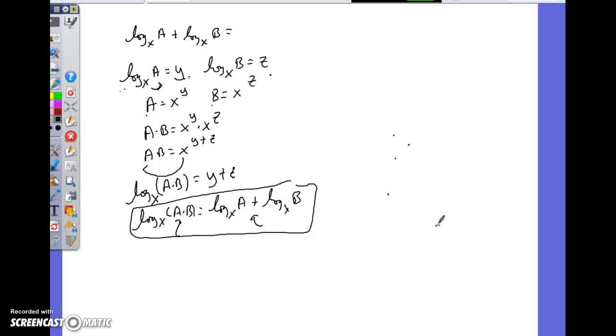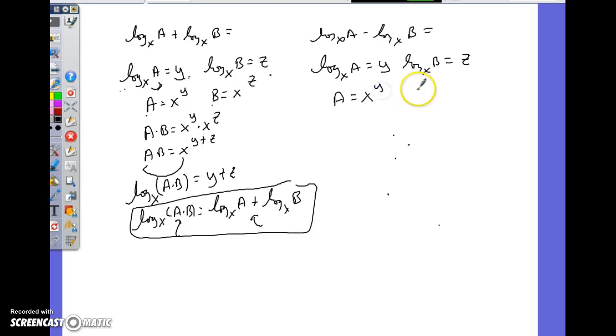So then we try the same thing. We go, wait a second. I'm going to try log base x of A minus log base x of B. I'm going to haul through this because you've seen it all before, and you can guess what the answer is going to be, but we'll do it anyways. And look at this, I'm ripping right on through.